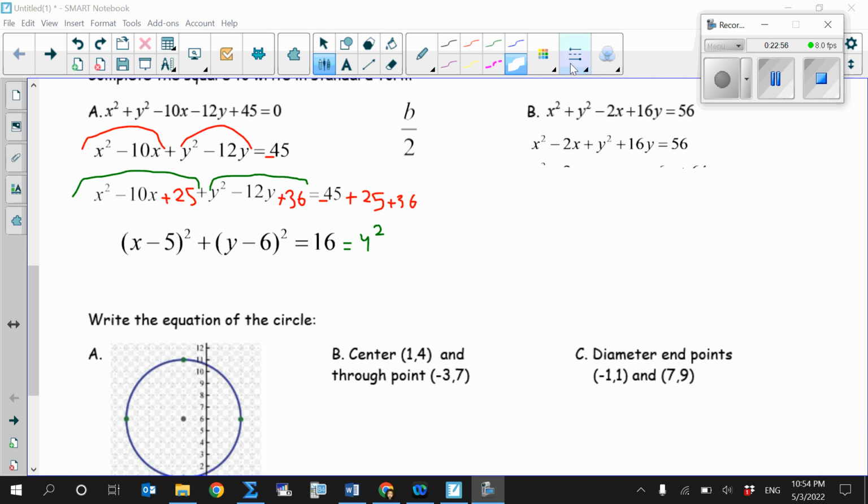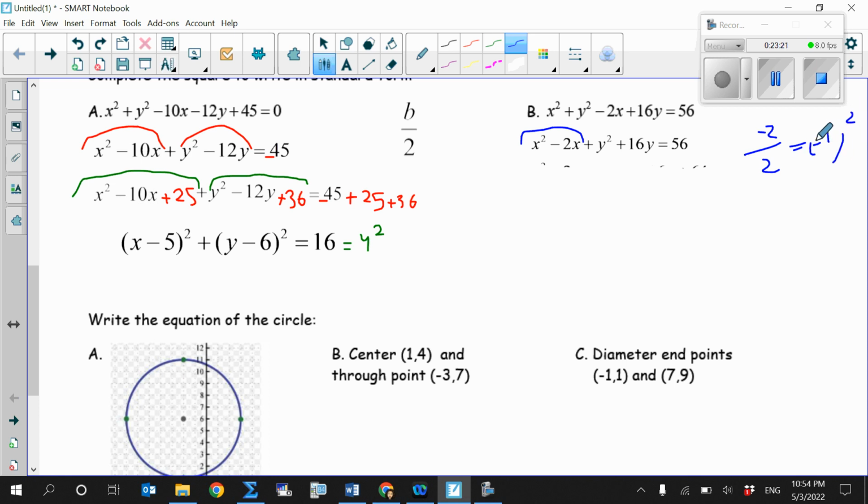Now, we're going to look at the first part, which has all the x's. We want to find the missing term. What is the missing term? You're going to find that by taking the b value, which is negative 2, divided by 2. So negative 2 divided by 2 is equal to negative 1. And then raise that to the power of 2.